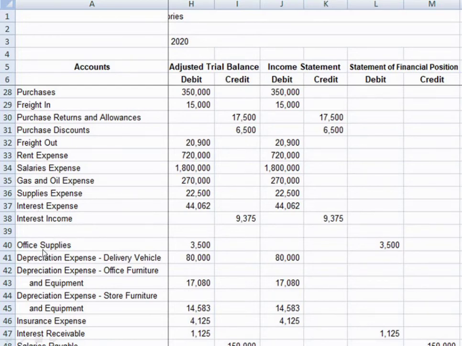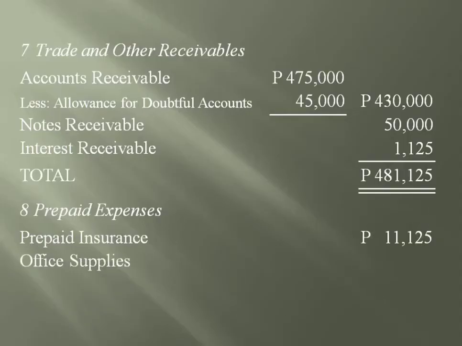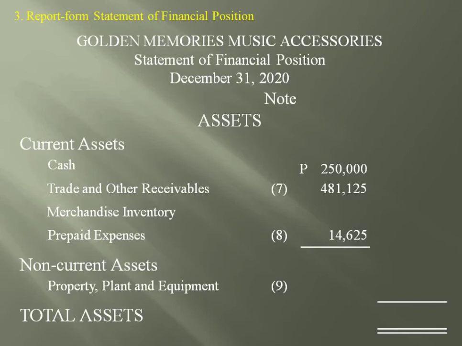This office supplies is a prepaid expense. That's it. Nothing more. Total prepaid expense, 14,625 to the statement of financial position.